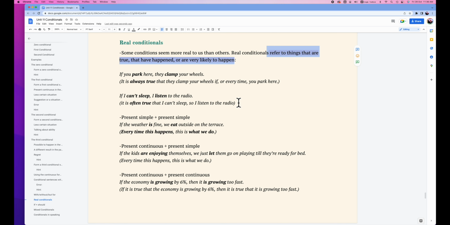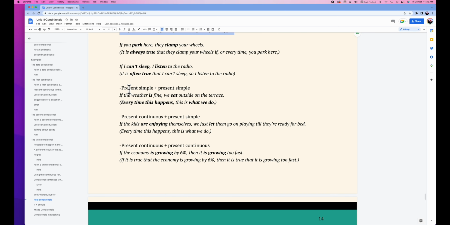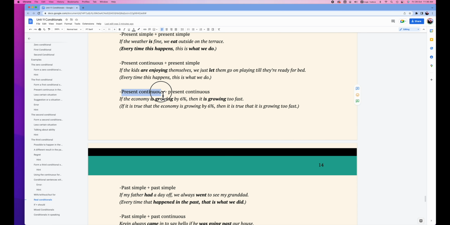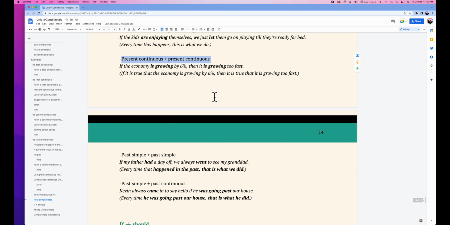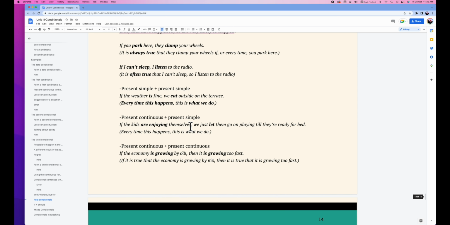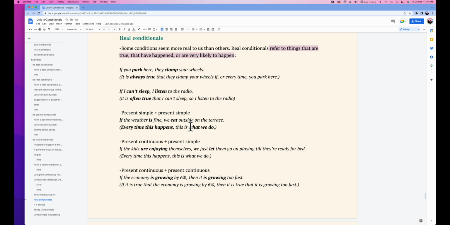There are many different combinations: present simple plus present simple in part A and part B, present continuous and present simple, present continuous plus present continuous, past simple and past simple, past simple plus past continuous.